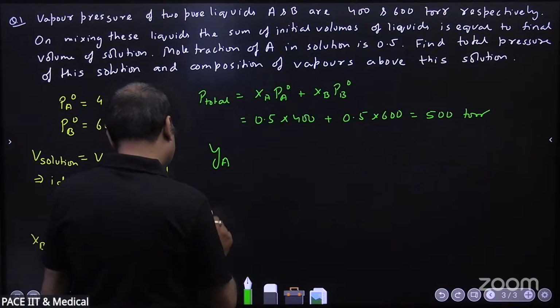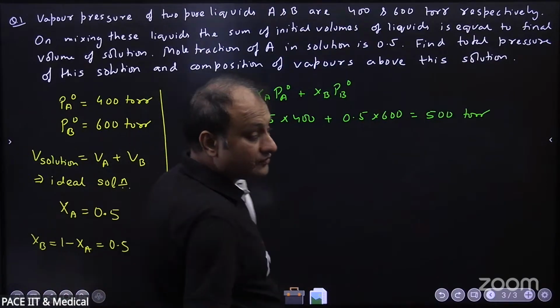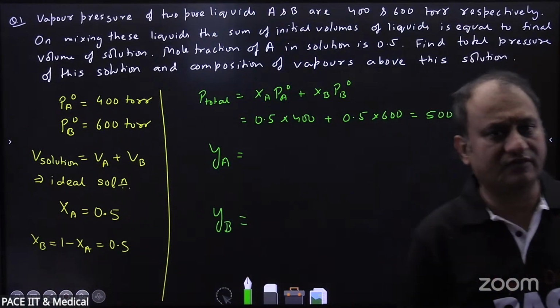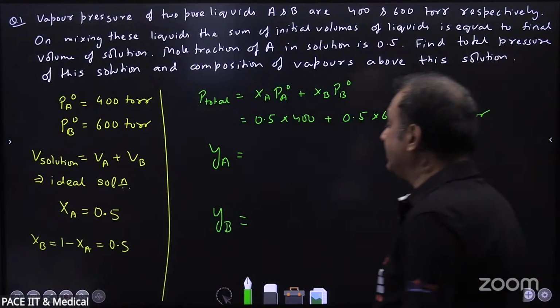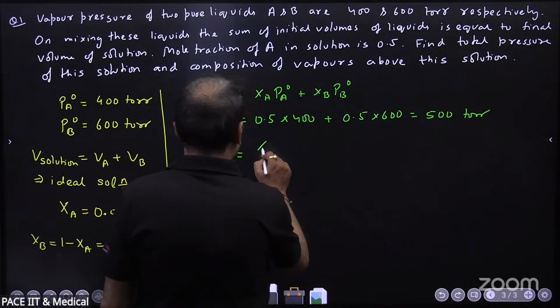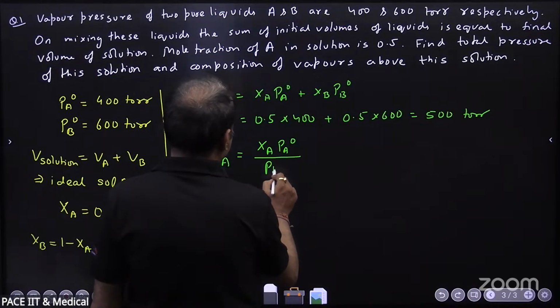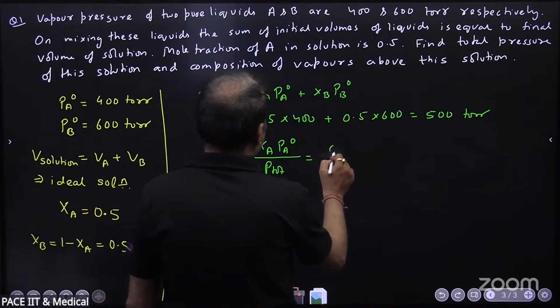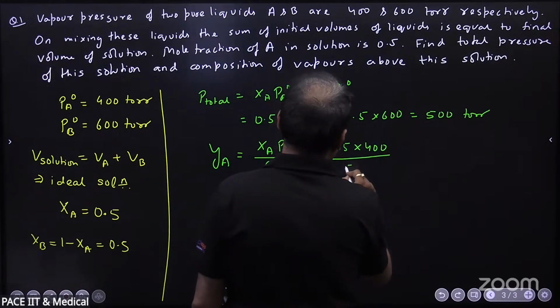Then they are asking composition of vapor phase, which is nothing but YA and YB. So how will YA and YB be given? XA PA naught by P total. So 0.5 into 400 by 500.